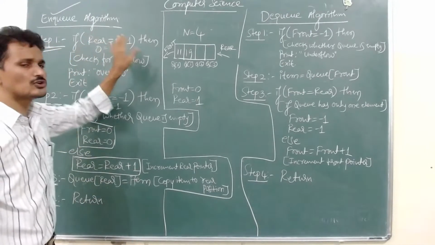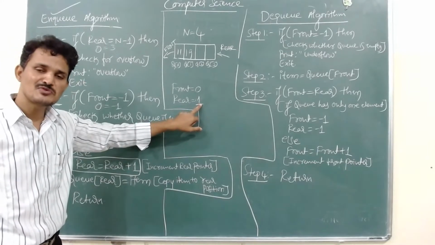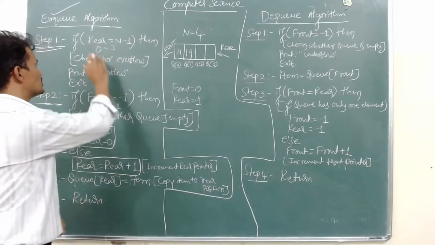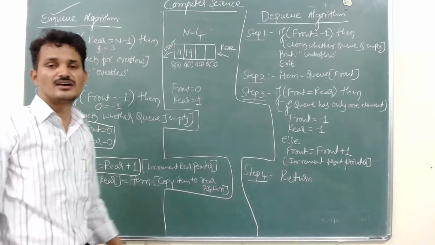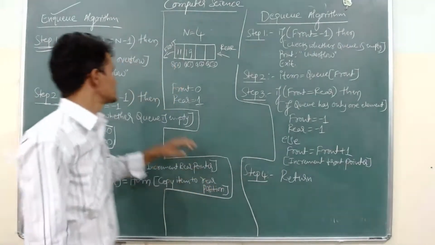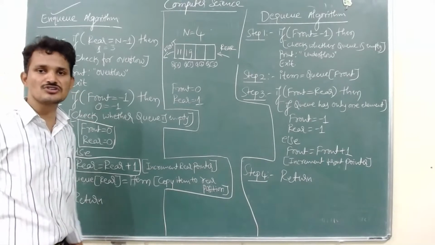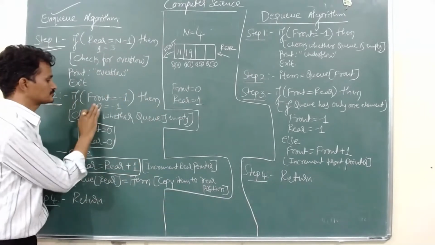Now, if rear is equal to n minus 1, what is the value of rear? Last time it was 0, this time 1. Is 1 equal to 3? Condition false. Condition false means I won't execute this print and exit. I'll directly move on to step 2. Step 2, straight away the condition here.